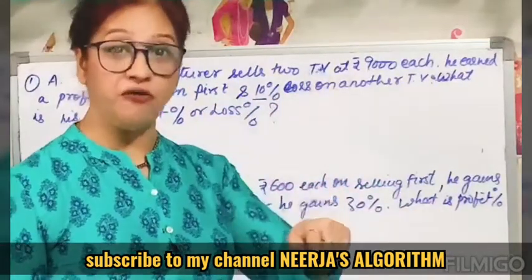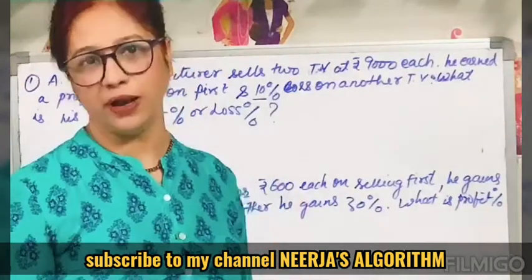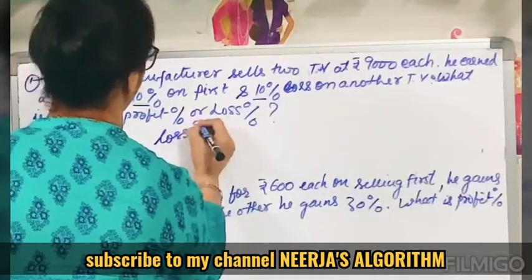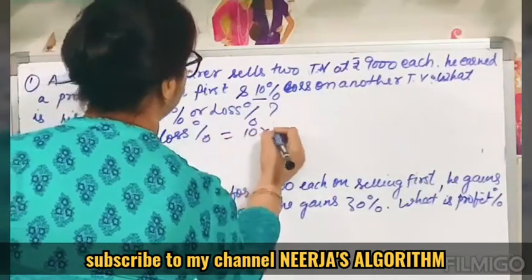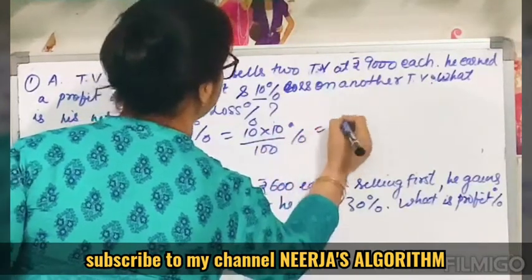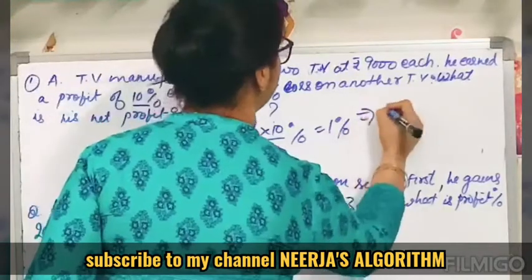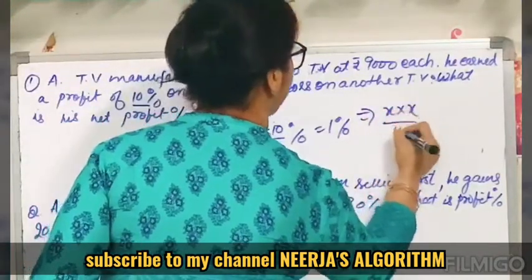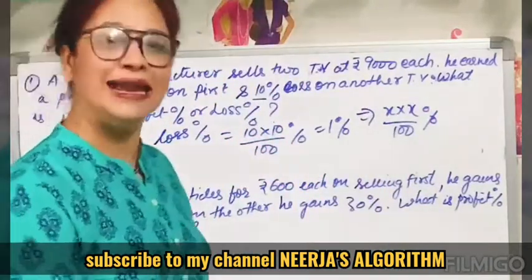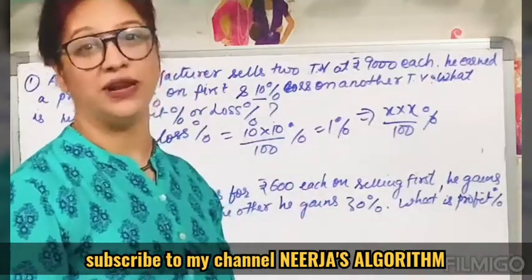If the profit and the loss are the same, that means there will be a loss percent, and the formula is loss percent equals 10 into 10 by 100. That becomes 1%. So simple. The answer will be x into x by 100%, because both profit and loss are the same. We get our answer in I think 5 to 10 seconds.